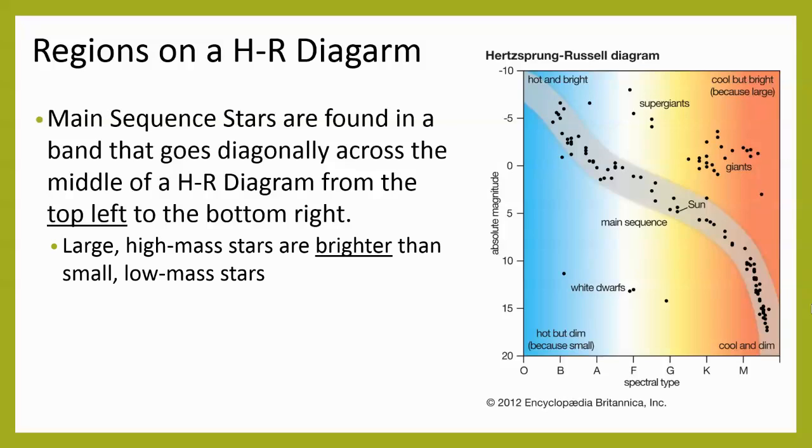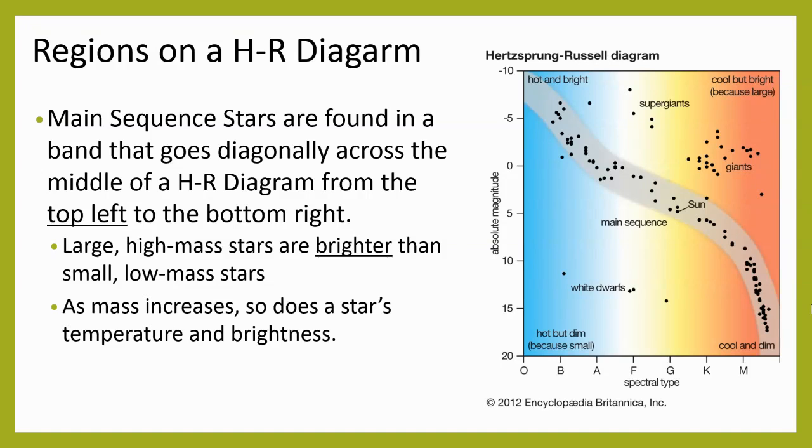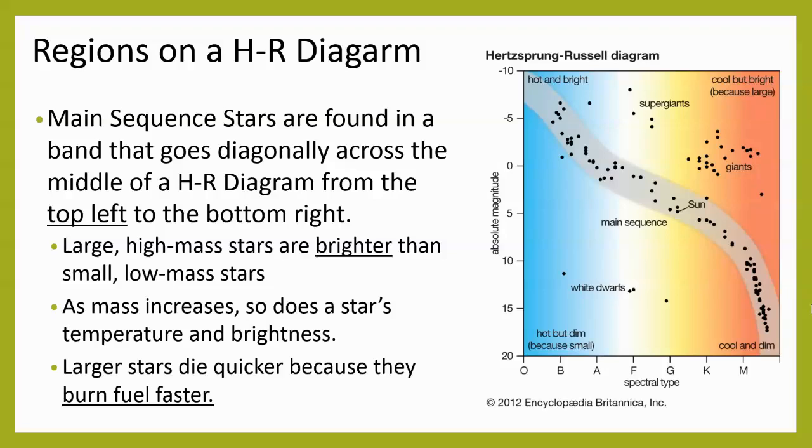So one thing to note here is that large, higher mass stars are brighter than smaller, lower mass stars. So those that are in the top left corner are going to be hot and bright because they're large, and those that are in the bottom right are going to be smaller and dimmer. And also, as mass increases, so does the star's temperature and its brightness.